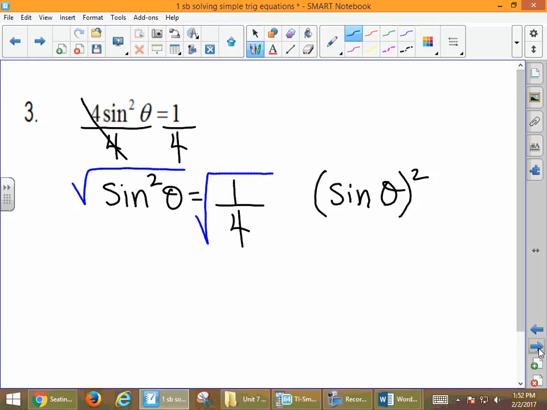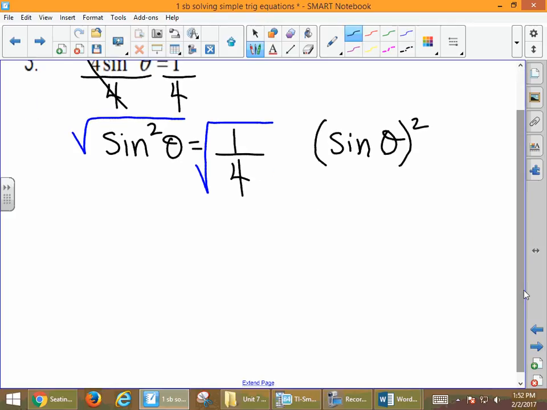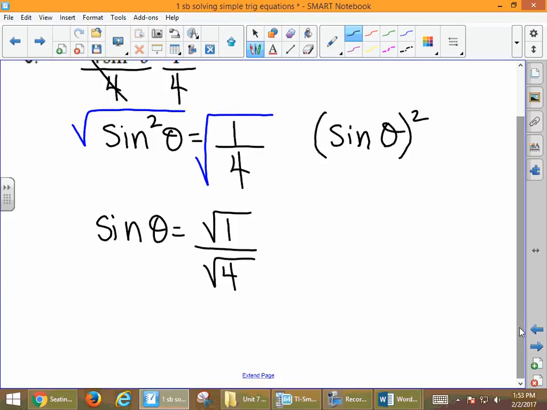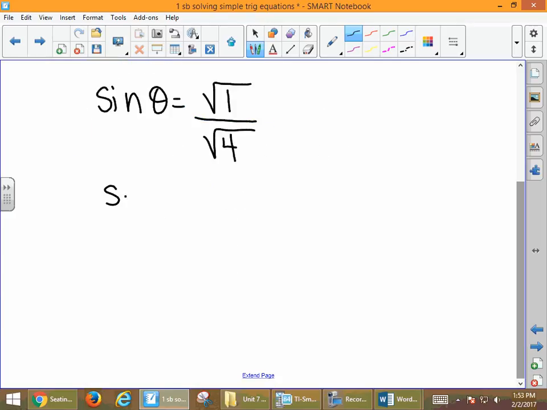Square rooting and squaring cancel each other out, so we get sine of theta. But when we're taking the square root of 1/4, we take the square root of 1 and the square root of 4. What is the square root of 1? 1. What's the square root of 4? 2. So sine of theta equals 1/2.